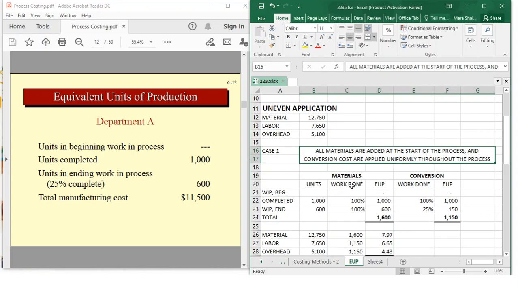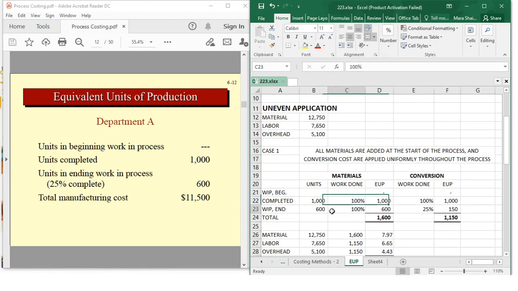So again, all materials are added at the start of the process. As you can see here, our units are still 1,600. Now, the difference is in the work done.